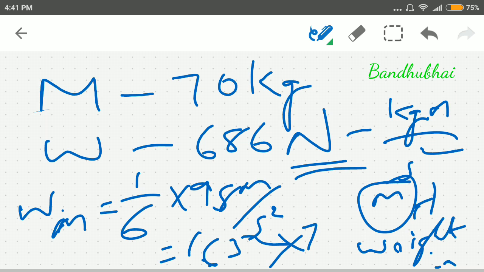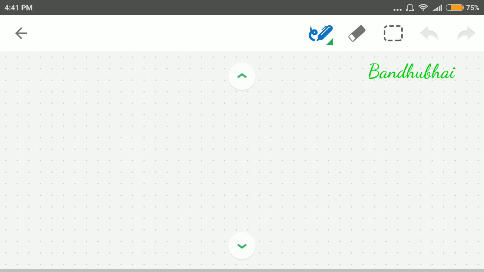When you multiply this with 70, you get approximately 114.3333.